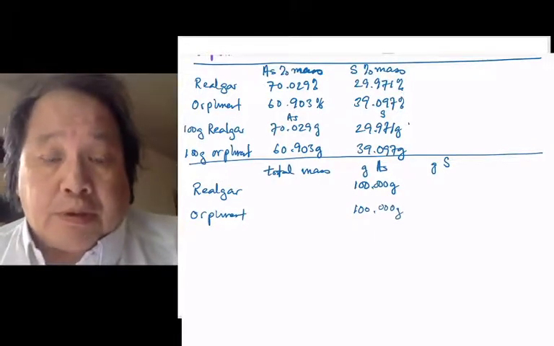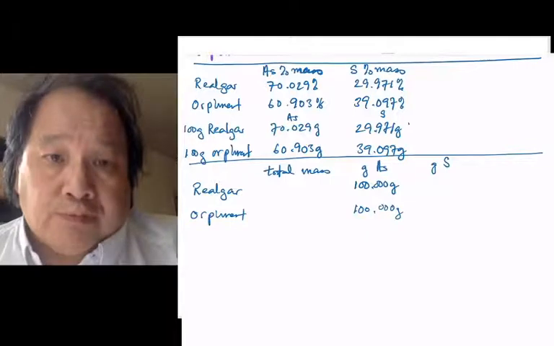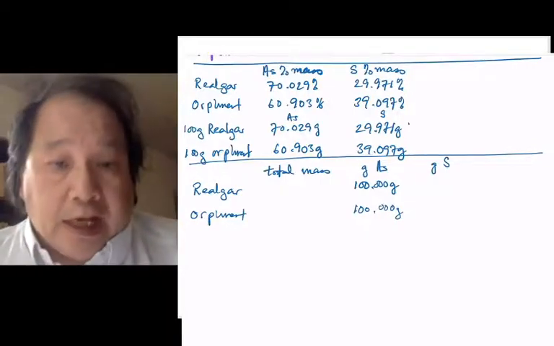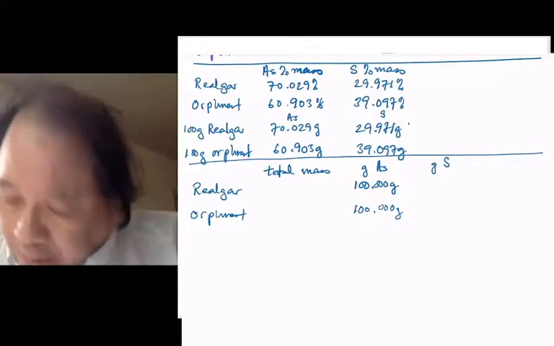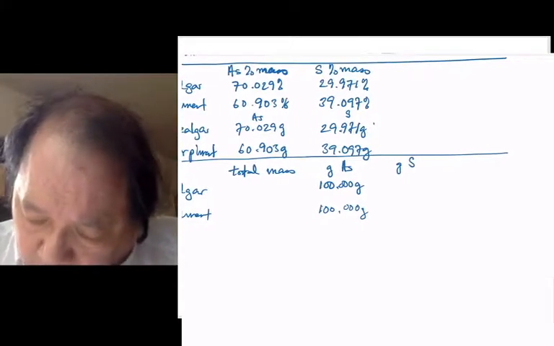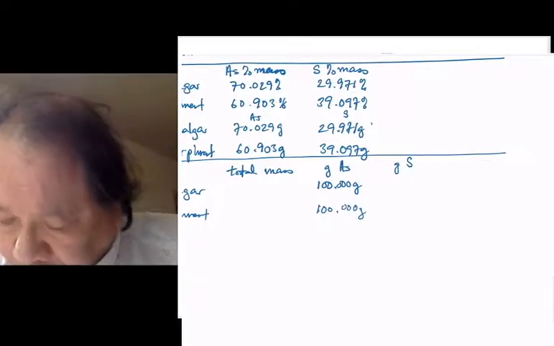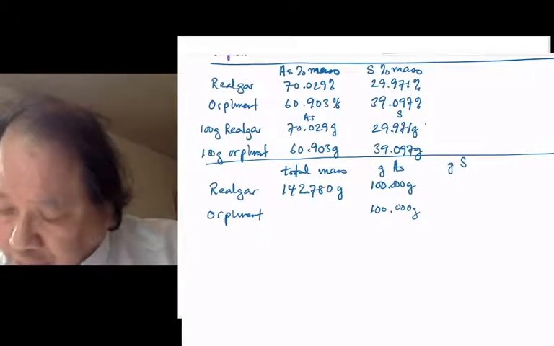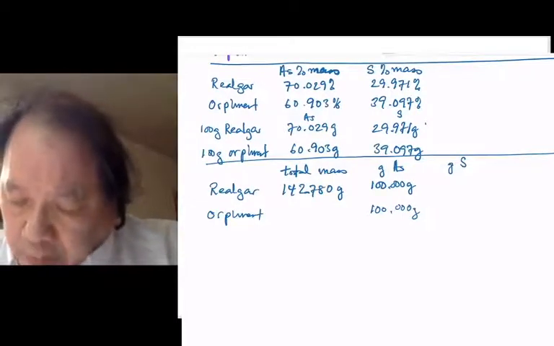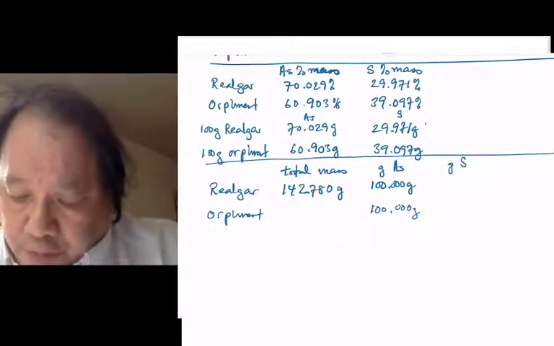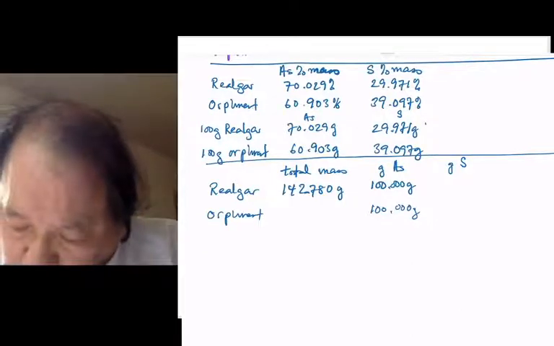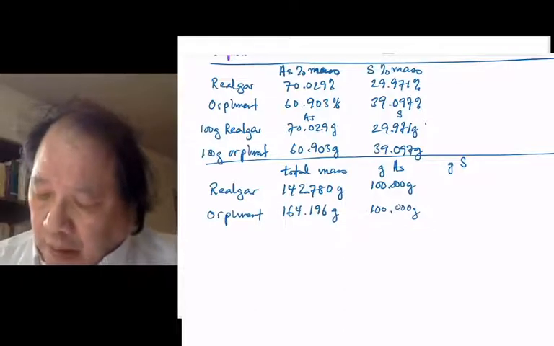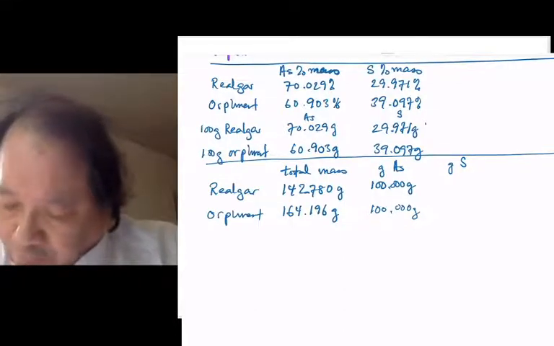Since the percent of the mass is fixed for both realgar and orpiment, if you have 100 grams of arsenic, that's exactly 70.029%, and that means there are 142.780 grams in your realgar sample. The 100 grams of arsenic in orpiment, since it was 60.903%, came from a sample that was 164.196 grams.